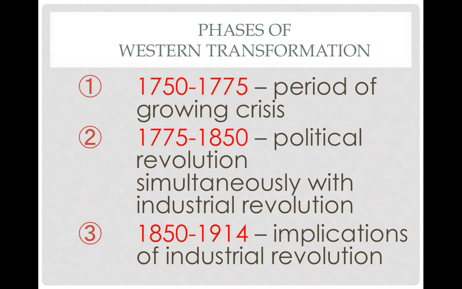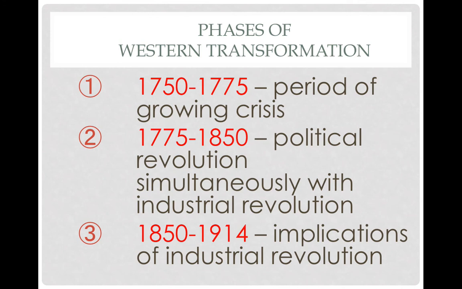They're fighting in Europe, but they're also fighting in the countries or territories they hold abroad, like the French and Indian War. From 1775 to 1850, there is a political revolution that is simultaneously going along with the Industrial Revolution. You really can't extrapolate them; you have to blend them together.